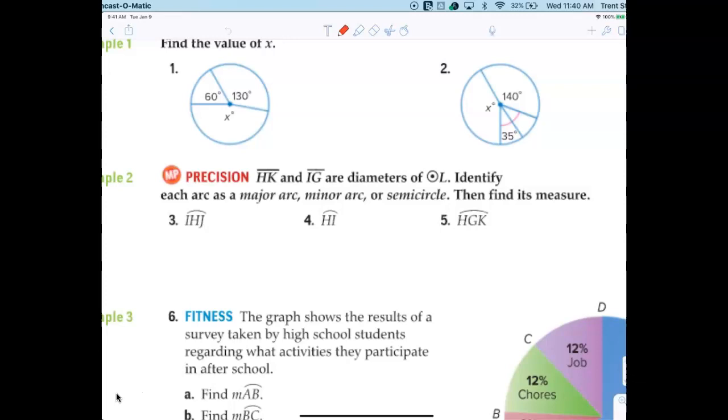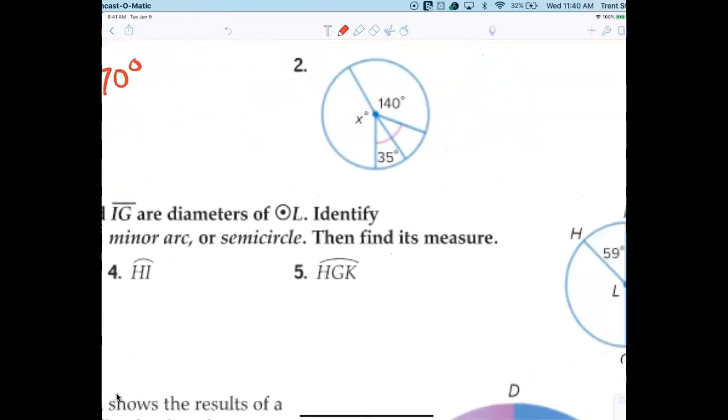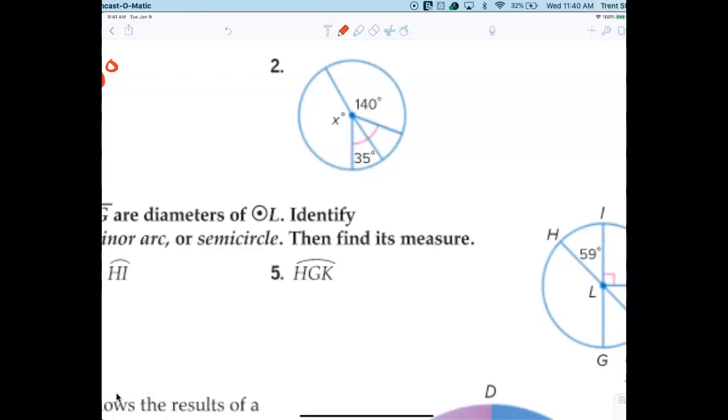170. Is everybody okay with that? Anybody have any issues? 170 degrees. Now here, I don't really like their mark, but to me, this means that's 35 degrees, and this also right here is what? 35.